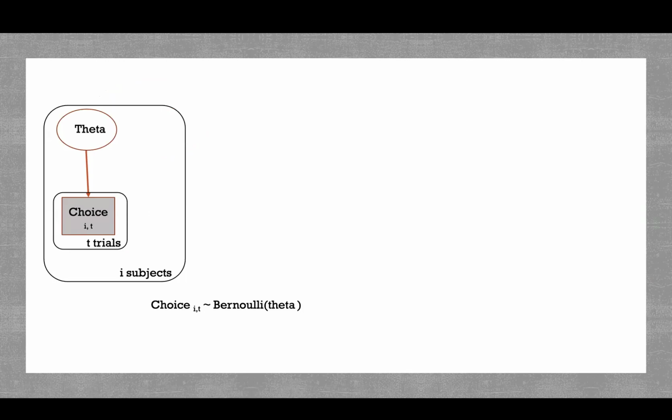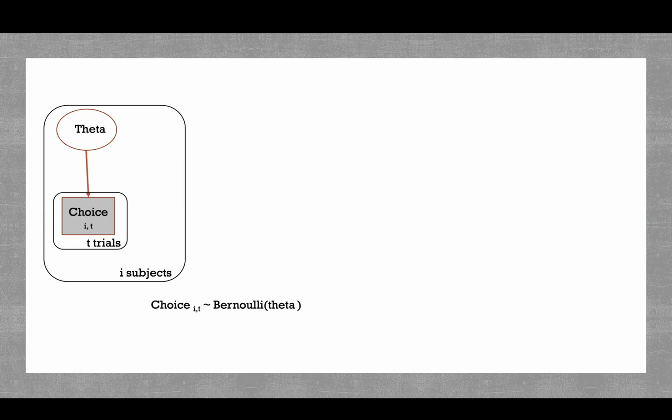If we just do this, what we're saying is that each participant in each trial is going to have a choice, but the underlying parameter that is generating these choices is invariant, is exactly the same across all the participants. Right? Which is kind of a stupid assumption, actually surprisingly common, especially in older articles.